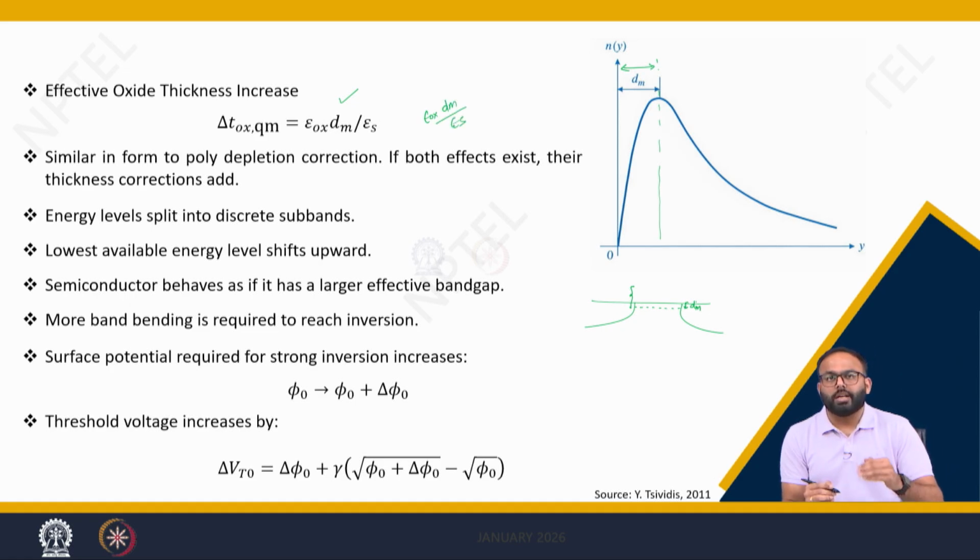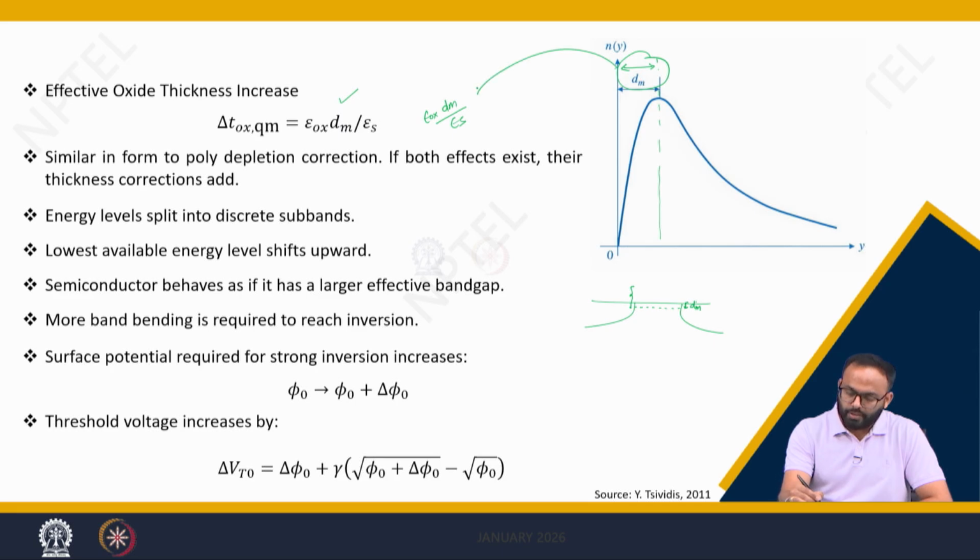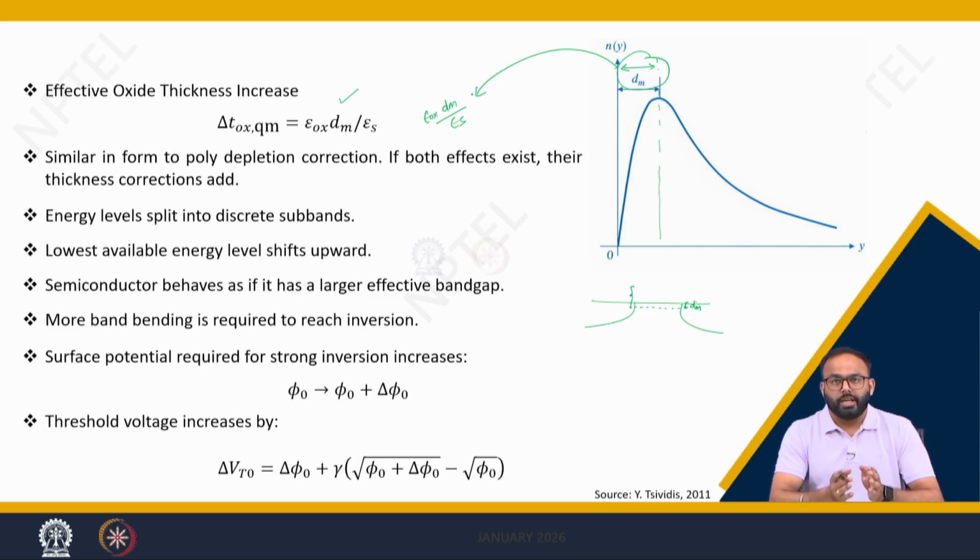So, using the concept of effective oxide thickness, or in terms of capacitance, we can include the effect of dm in our calculation. However, strictly speaking, this is simply an empirical approach. It will not give you accurate results because it requires quantum mechanical modeling, which we are not going to discuss in this course.